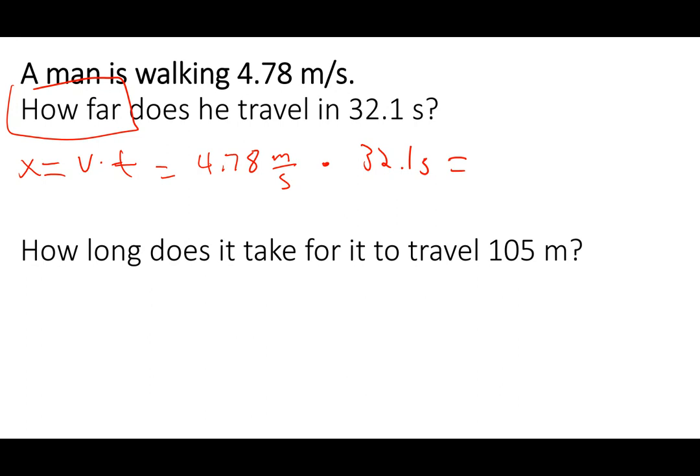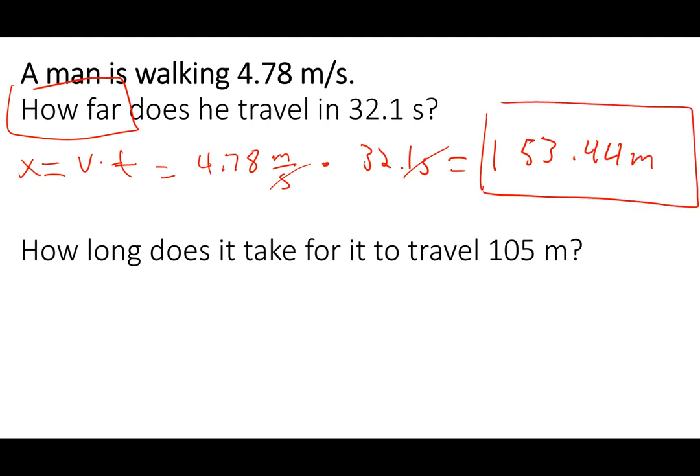And if I multiply these two, that gives me 153.438. I'm going to round to 2 decimal places. This 8 is going to cause me to round up, so my 3 will become a 4. And my final unit, seconds cancels out, it's meters. And that makes sense because it's asking how far. How far? 153.44 meters. How long does it take for it to travel 105 meters?